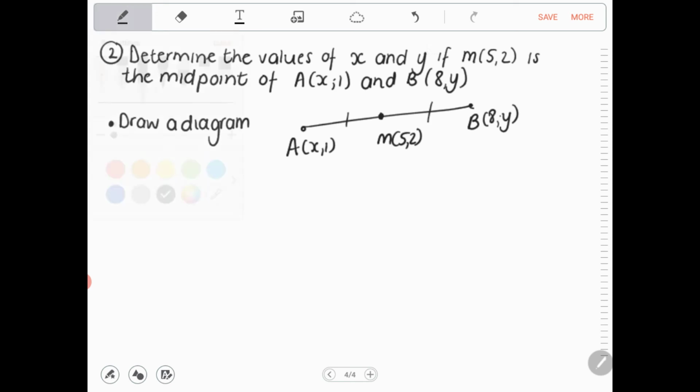Okay, so we've got the x at A, the y at A. Sorry, that was a really bad A. The x at M, the y at M, the x at B, and the y at B. Okay, so we've got those points.